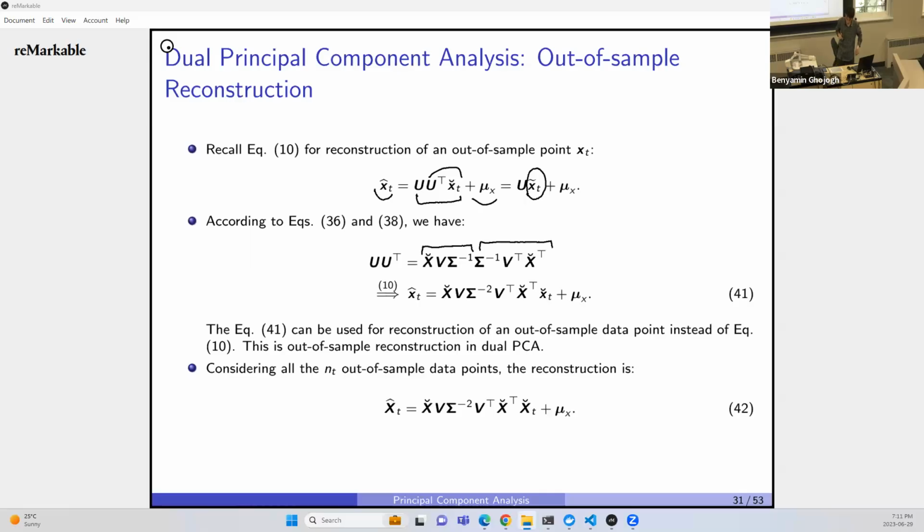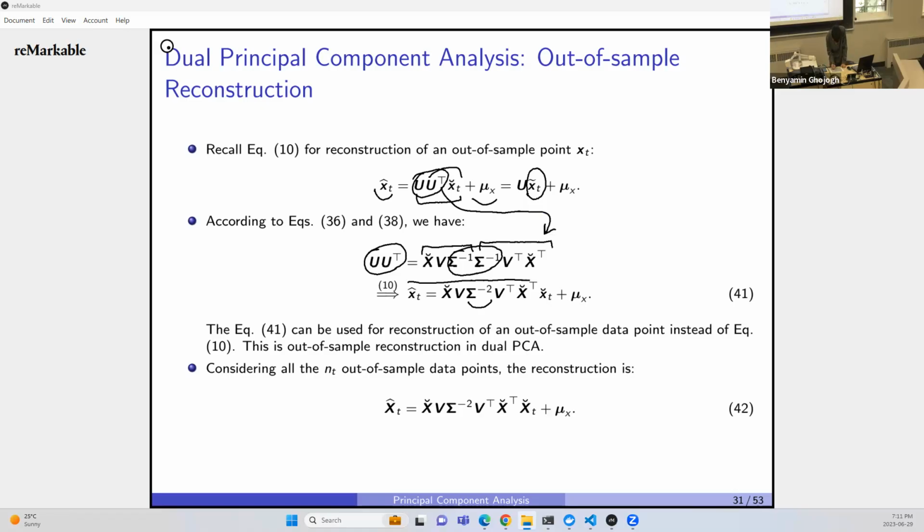So far clear? So what happens now? Interestingly, we have these two sigma inverse times sigma inverse. So it means that sigma inverse is squared, right? So sigma inverse is squared, and the rest is the same as before. So I'm replacing this U transpose here with this expression, and the rest is as before.